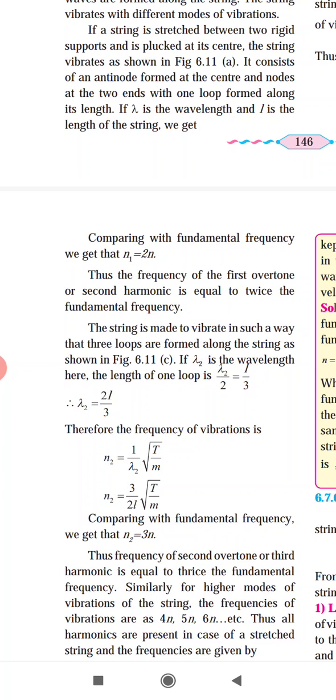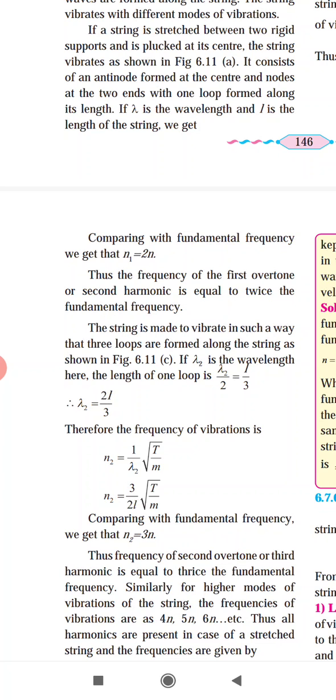So comparing with the fundamental frequency, we get N2 is equal to 3N. So that is N2, nothing but the second overtone, or 3N, which is the third harmonic, thrice the fundamental frequency.